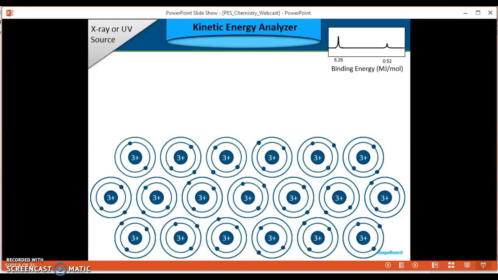You can see in this metallic bonding structure that the valence electrons are free to move between atoms. And you've got the detector up at the top, which is creating these peaks.